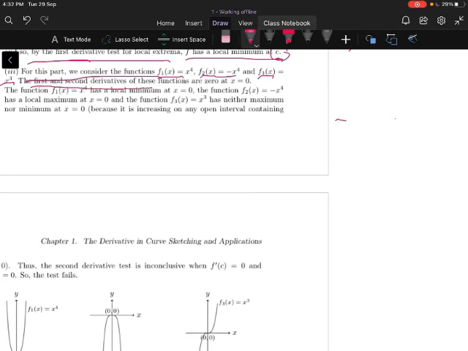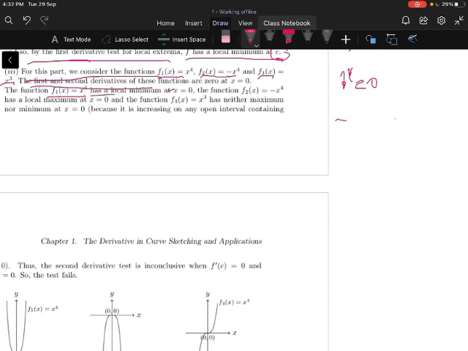The first and second derivatives of these functions are 0 at x equal to 0. For the first function f dash of x is 4x cube, second derivative 12x square. Similarly, I can find the second derivative at x equal to 0. The second derivative is always 0 at x equal to 0 for all the functions f1, f2 and f3.